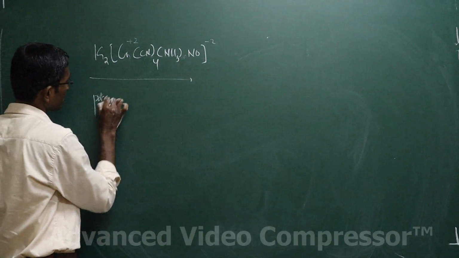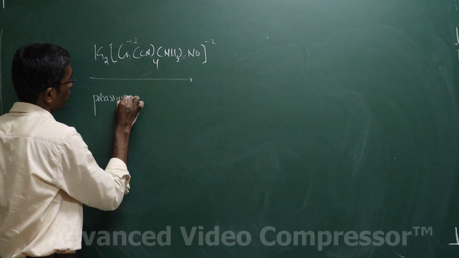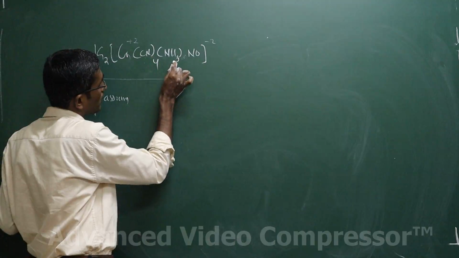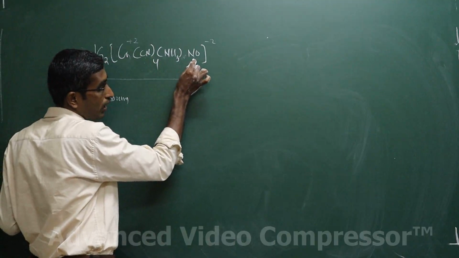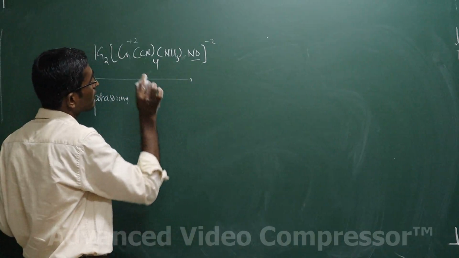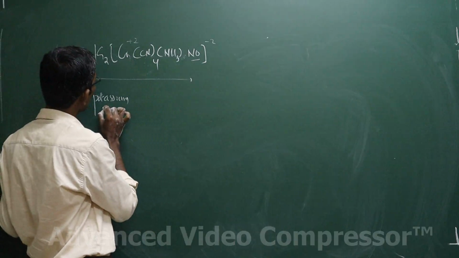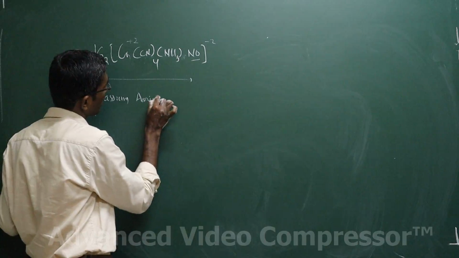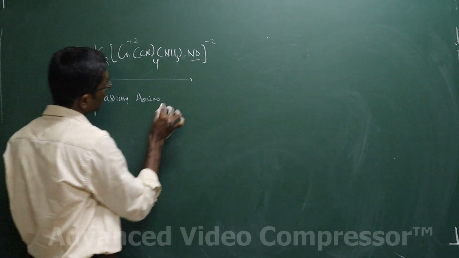Potassium, then one by one: cyano, amino, nitrosyl. NO is nitrosyl. Cyano, amino, nitrosyl, but alphabetically amino has to come first. Potassium, amino, right?